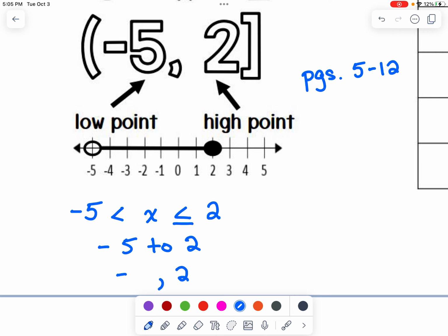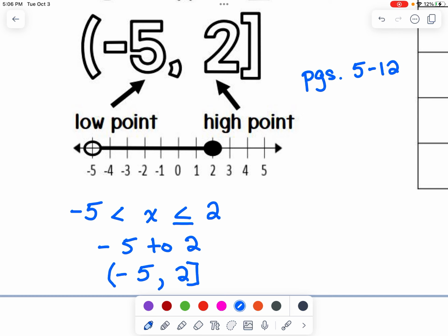Now, if we're doing that, how would we know whether it's included or not? We've got some rules. If it would be an open circle, you are going to have parentheses. If it would be a closed circle, you would have a bracket. So that means the 2 is included.